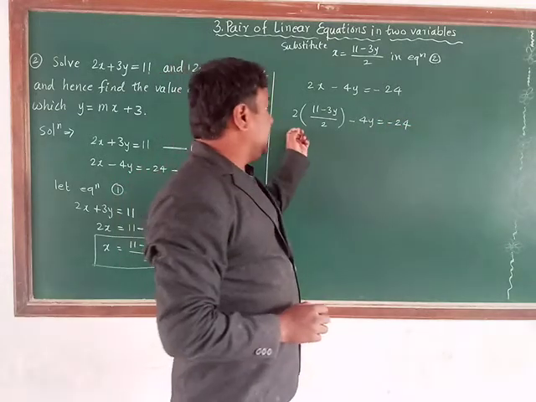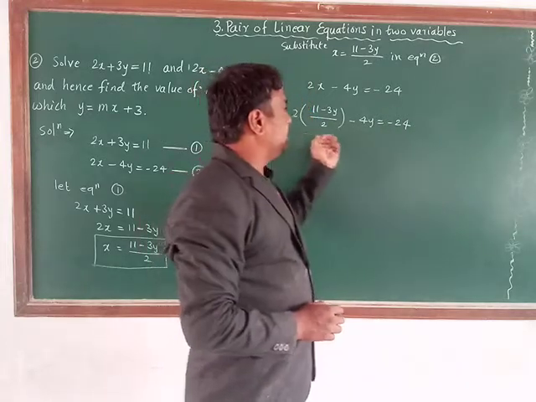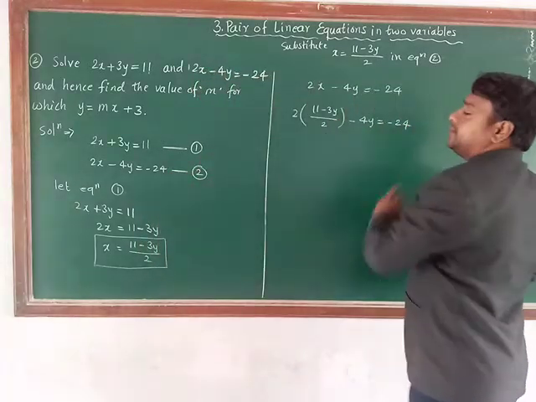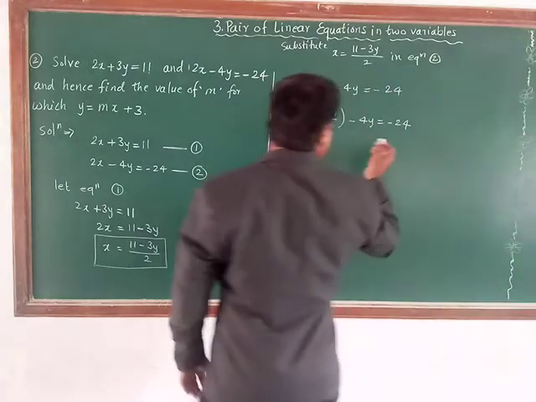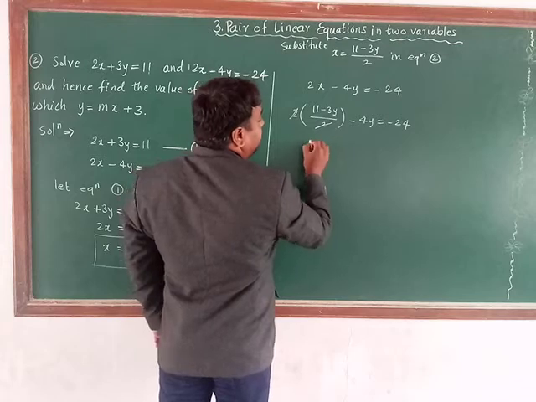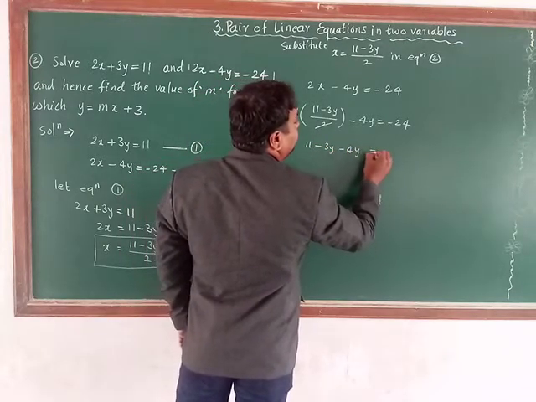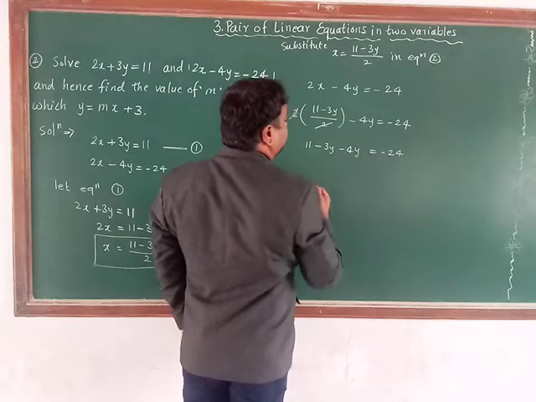Now this equation becomes an equation in one variable, because y is the only variable here. Let's solve it. The 2 gets cancelled, so we get 11 minus 3y minus 4y is equal to minus 24.